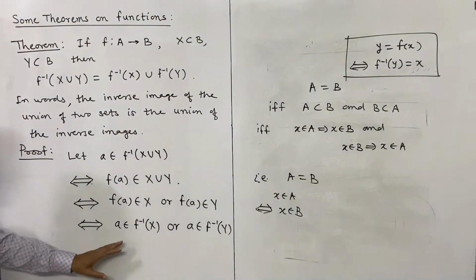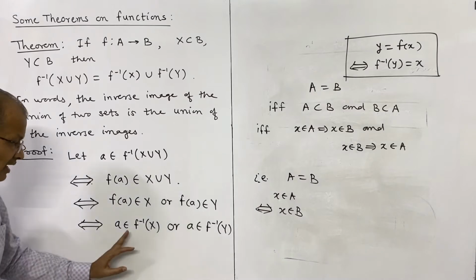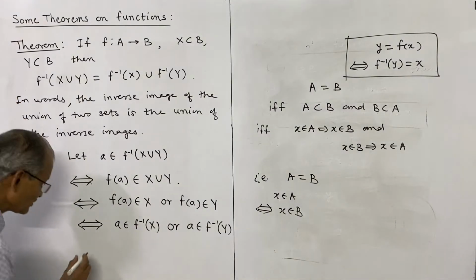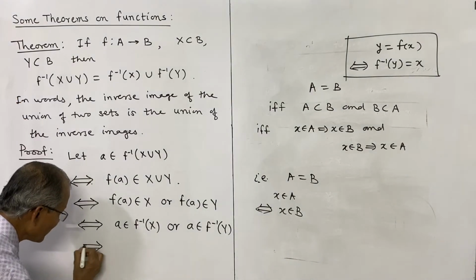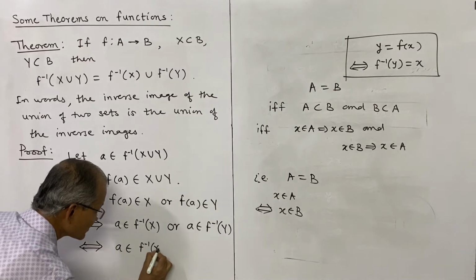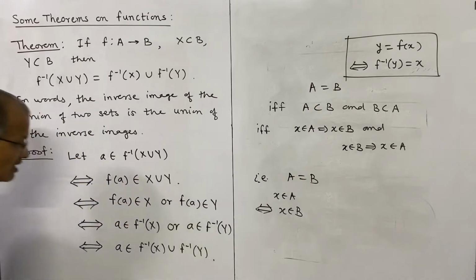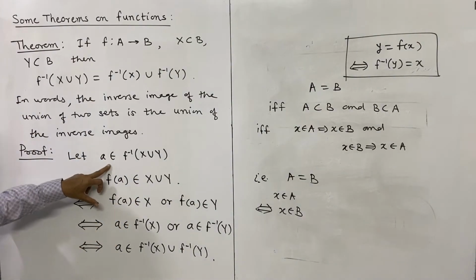And again what this implies: A is in this set or A is in the second set means A is in their union. So this implies and is implied by A belongs to f inverse of X union f inverse of Y, and thus the double implication we have started from this.